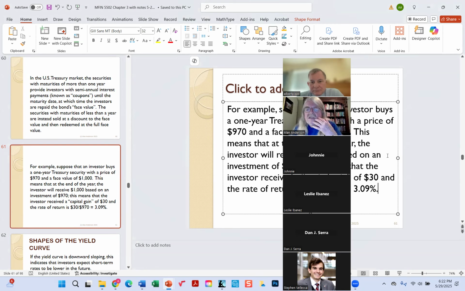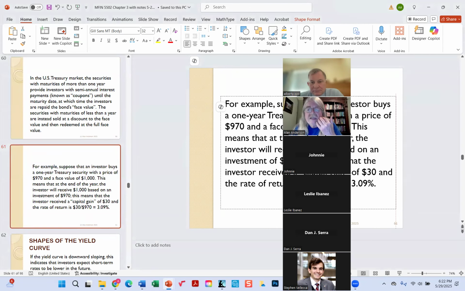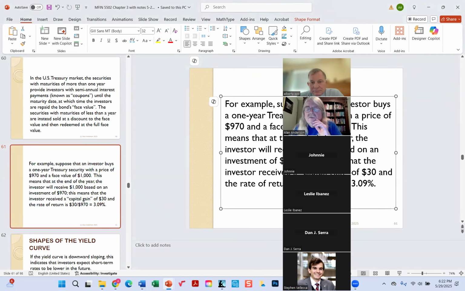And so that works out to a 3.09% yield or rate of return. So that means that the short-term securities are providing you with a capital gain. The longer-term ones are providing you with actual interest payments throughout the lifetime of the bond. So that's pretty standard because it makes sense that you don't want to send out coupon payments to securities that are going to mature very soon anyway. So that's why it's done this way.